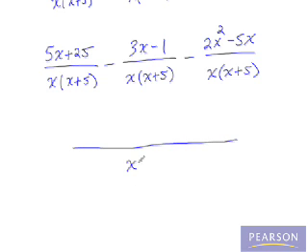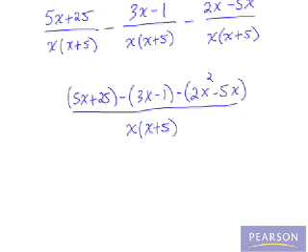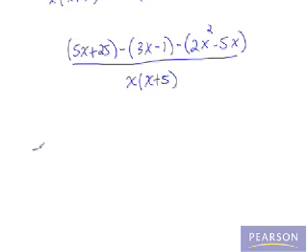The denominator will still be x times x plus 5. And we'll take this polynomial minus this polynomial minus this polynomial. So it'll be 5x plus 25 minus the quantity 3x minus 1 minus the quantity 2x squared minus 5x. And we'll distribute the negative signs through.